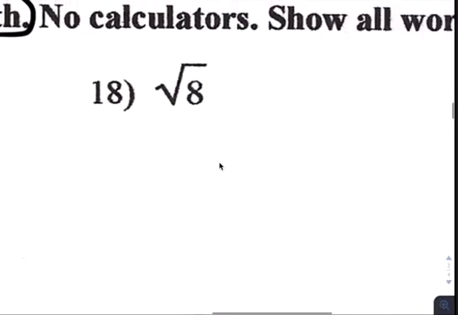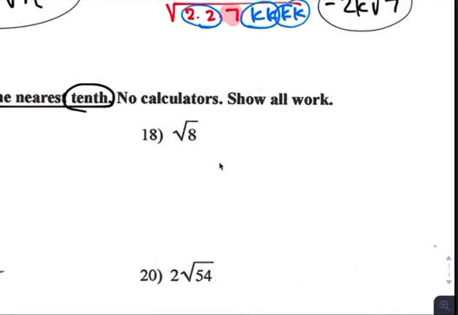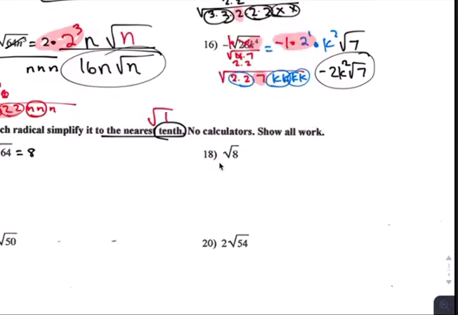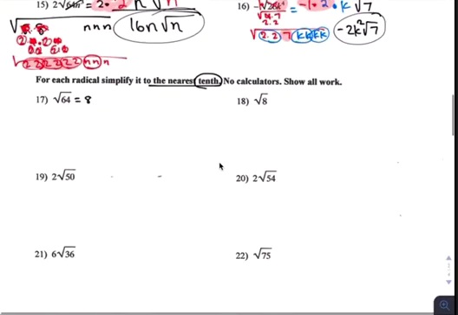Here, it's not a perfect square, so you need to list your square roots. Square root of 1, all the perfect squares. I'll list it in the middle, right here, so we can see.